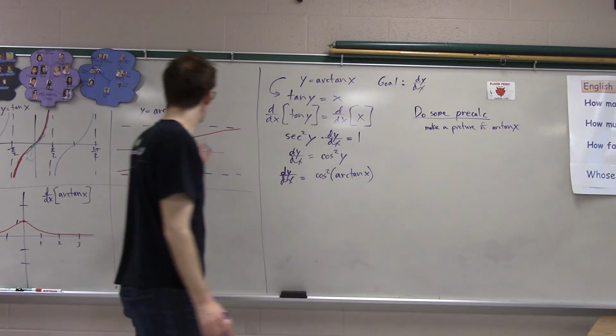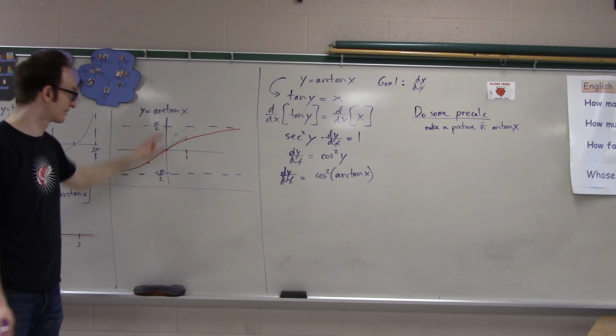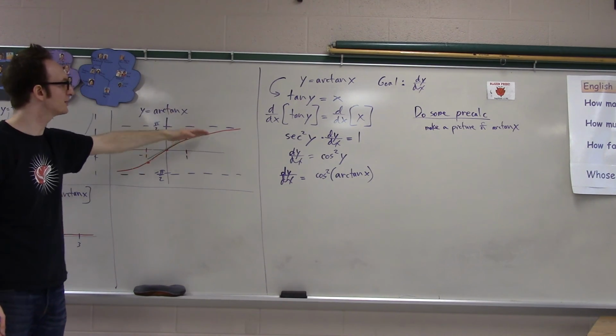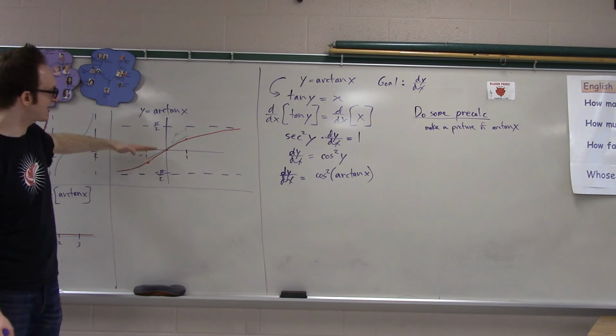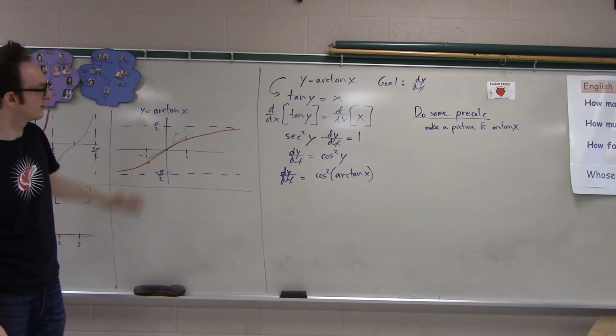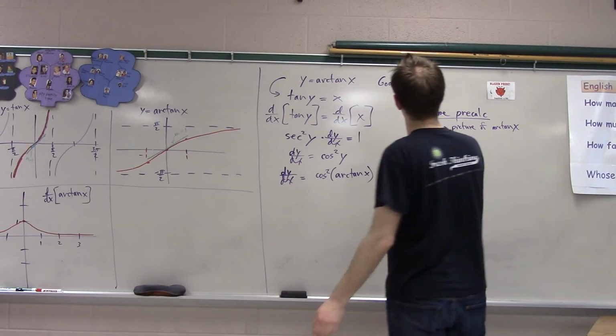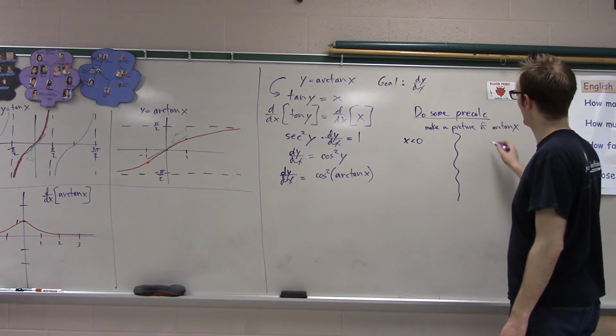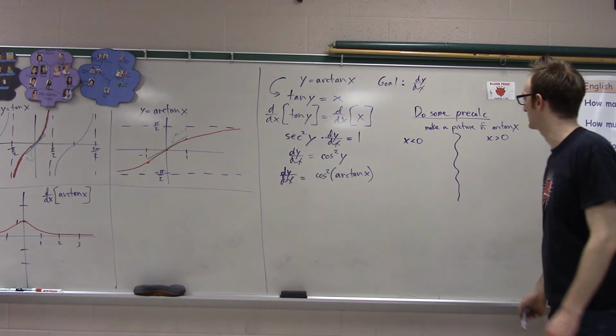And it depends on whether the input is positive or negative. When x is positive, arctan will be between 0 and pi over 2 in the first quadrant. And when x is negative, arctan will be between negative pi over 2 and 0 in the fourth quadrant. So we're going to consider both of these cases separately: the x is negative case and the x is positive case.